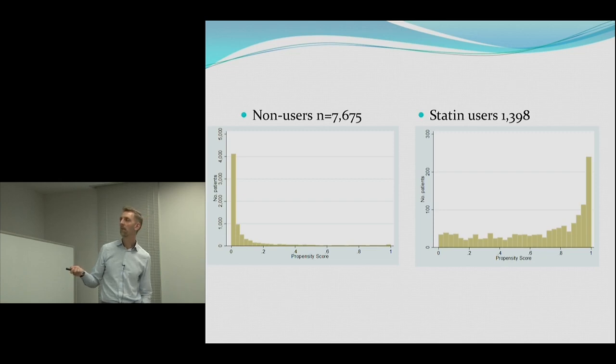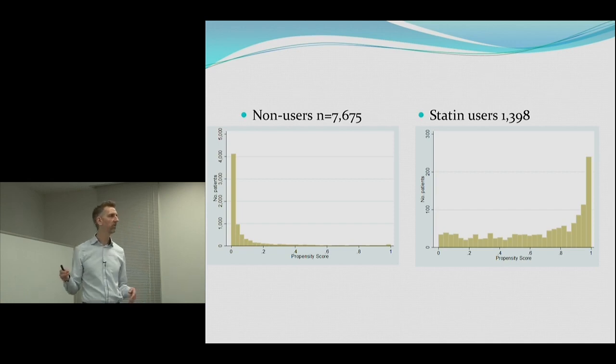Amongst the users, we were a bit surprised to see not so much this peak towards 1, we'd expect that. These are people who you'd think should be taking statins. But there are quite a lot of people who are at the lower end of the score.